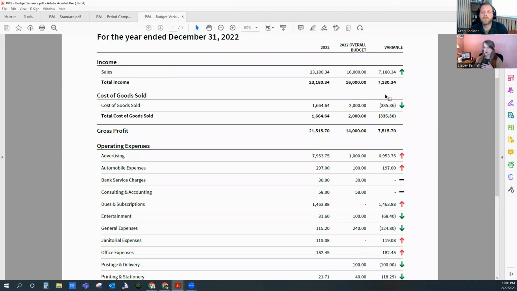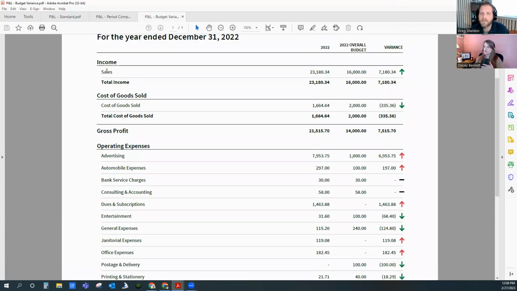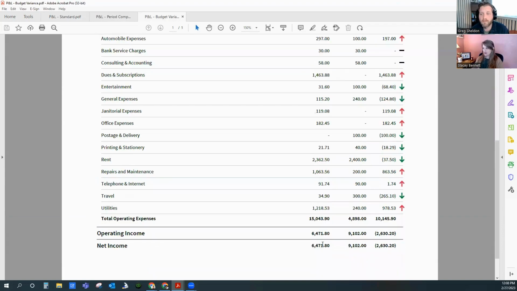And then you can also run a variance to show you, are you over or under budget? So in this case, the sales are up $7,100, right? Advertising is also up $6,900. So at the end of the year or at the end of the period, we're actually looking at a lower net income than was projected. The budget variance can be very important if you're doing some kind of cash flow forecasting.